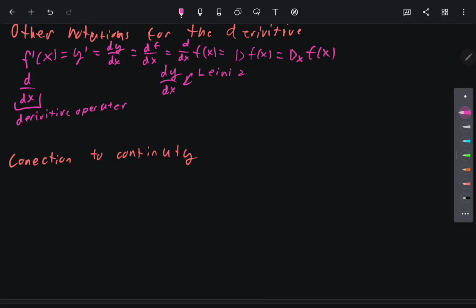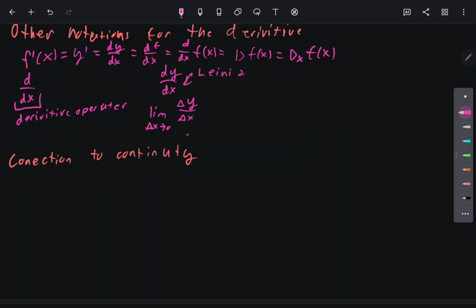But what this notation really supposes is how he did the limits, which is the limit as the change in x approaches 0 of delta y over delta x, which is really just change in y over change in x.